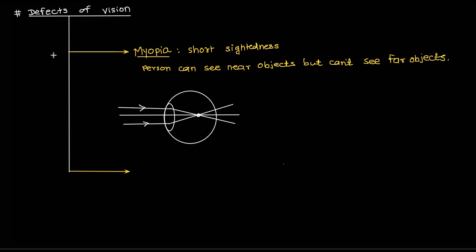We will take one defect at one page. So I'm erasing this part. So this is a myopic eye. And then how to correct this defect?